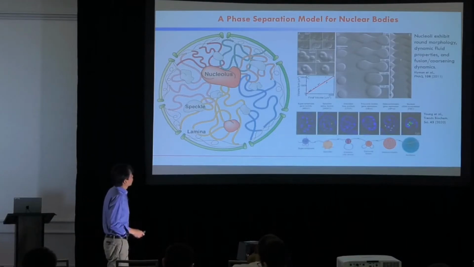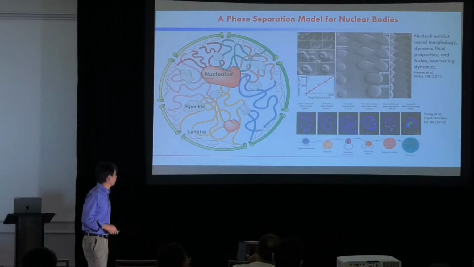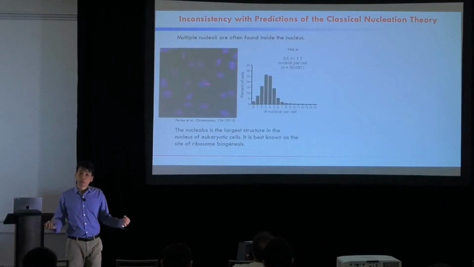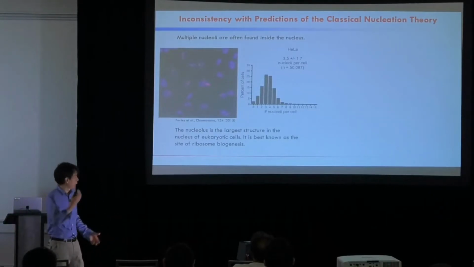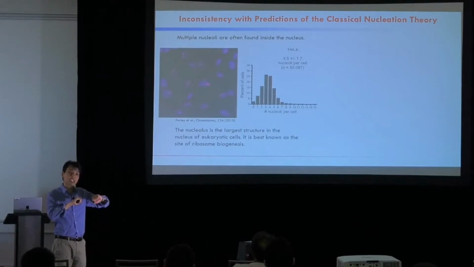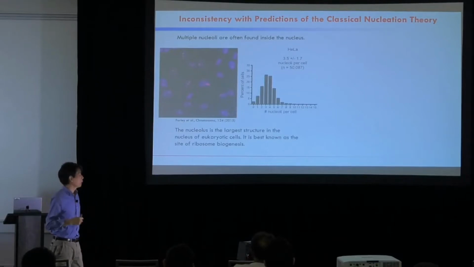One thing that puzzled us for a little bit was the apparent coexistence of multiple nuclear bodies. These are images of the nucleus where the cells are stained with antibody to highlight the nucleoli.